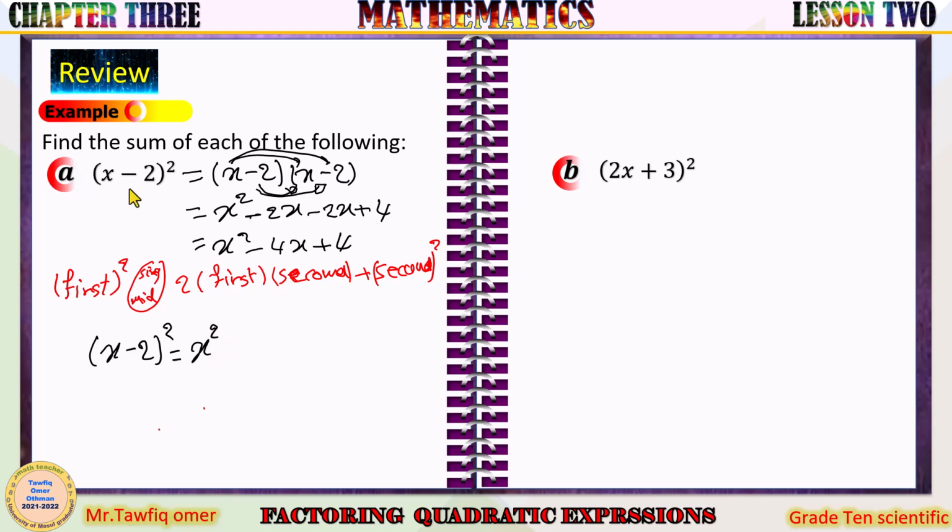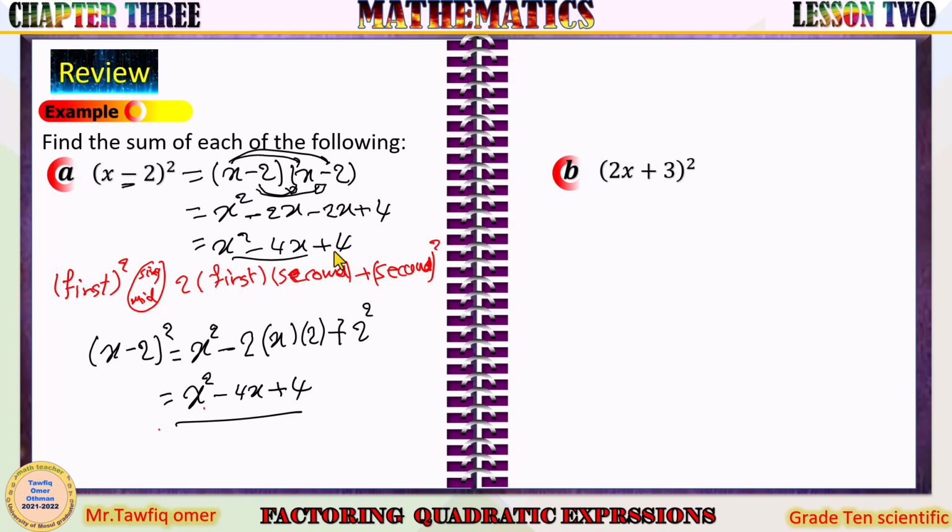After that we have the negative sign, so write negative 2 times the first one, which is x, times the second one, which is 2. After that plus, every time it's plus the second one, which is 2, squared. It becomes x squared minus 4x plus 4. As you can see, they are the same answer.